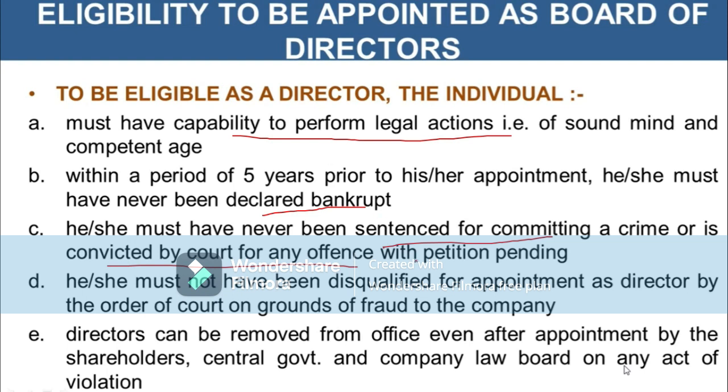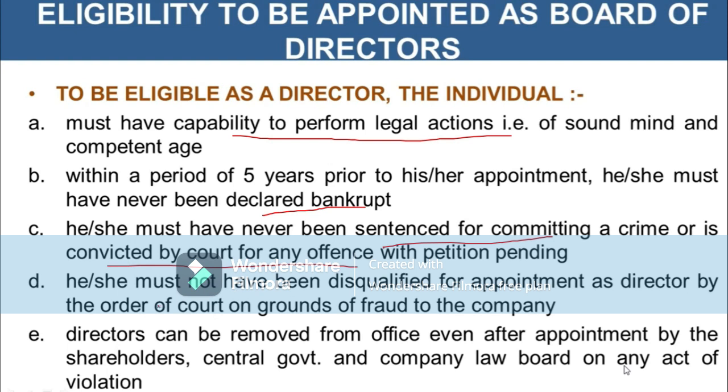Any of these things will not be considered as an eligible person for director. So he should be free from all these acts like offenses or committing a crime.